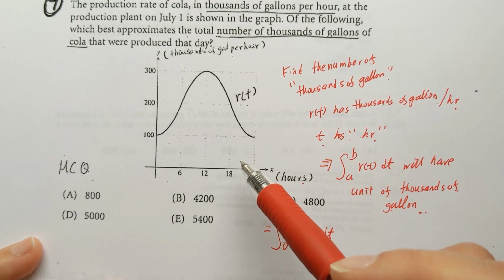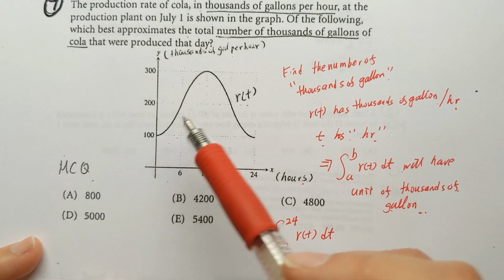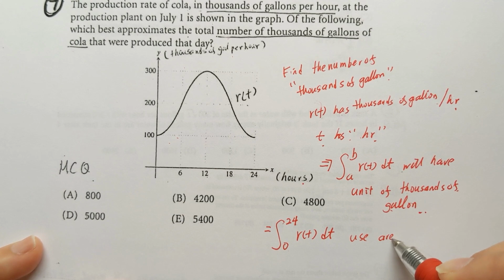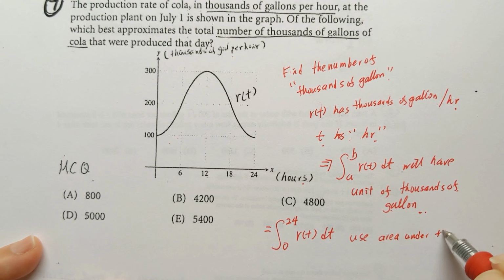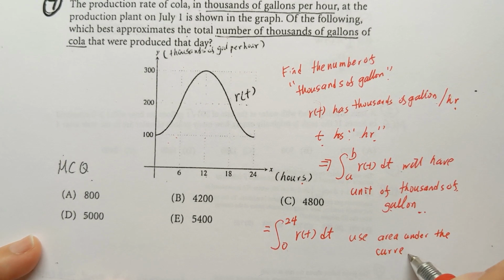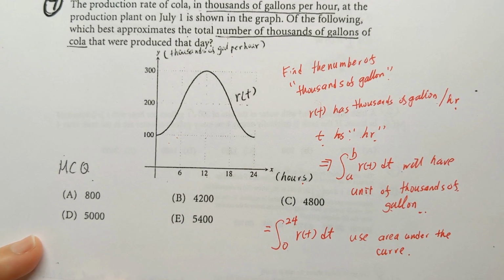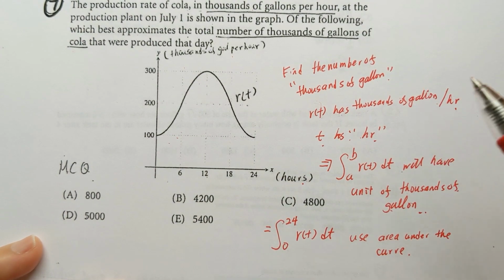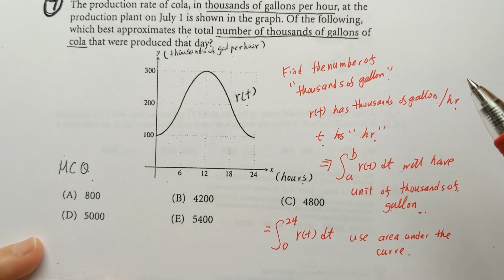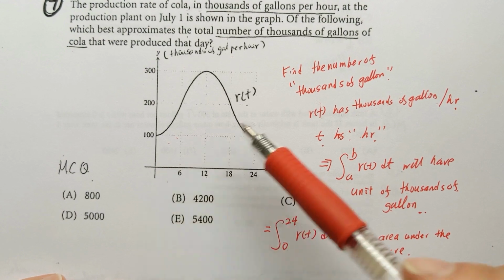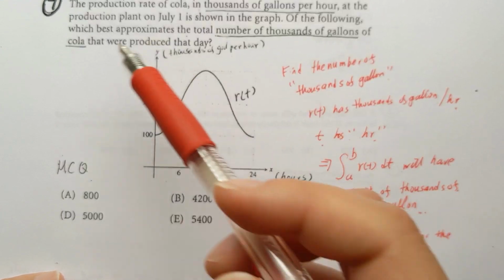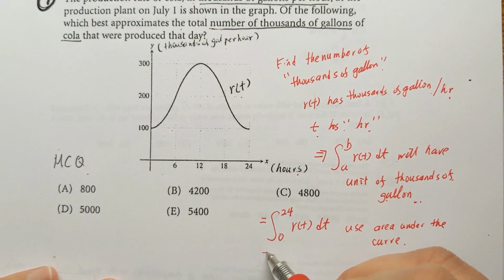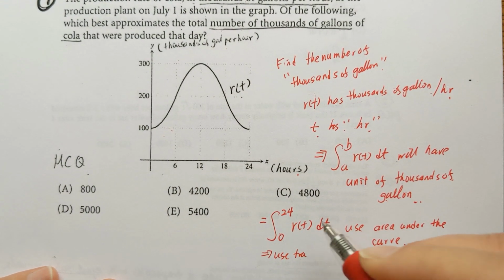We learned before, if we want to find this value, you can use area under the curve. So how do we find the area under the curve? We can use rectangular approximation or trapezoidal sum. We learned that trapezoidal sum gives a better approximation. Since the question never asks which method to use, we are going to use trapezoids.